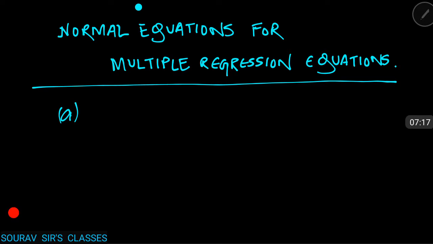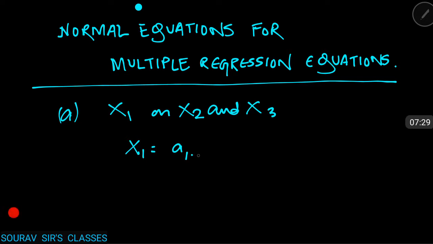The regression plane of x1 on x2 and x3 is x1 equal to a 1.23 plus b 12.3 x2 plus b 13.2 x3. The values of b 12.3 and b 13.2 are determined by solving simultaneously the following three normal equations.